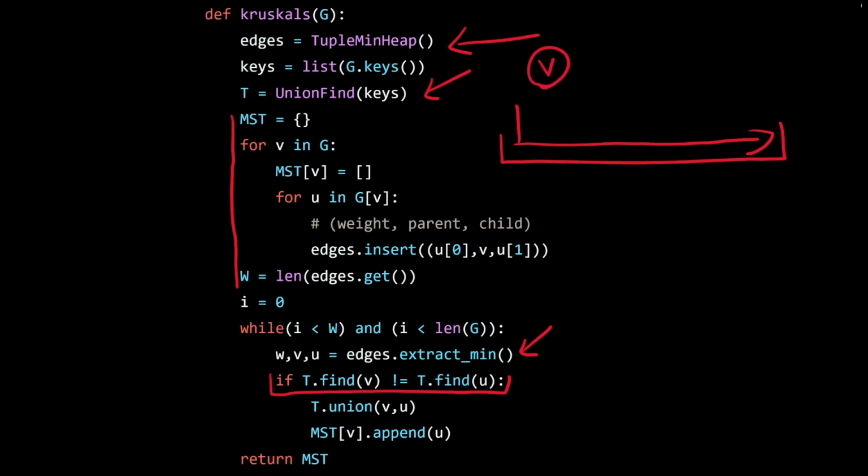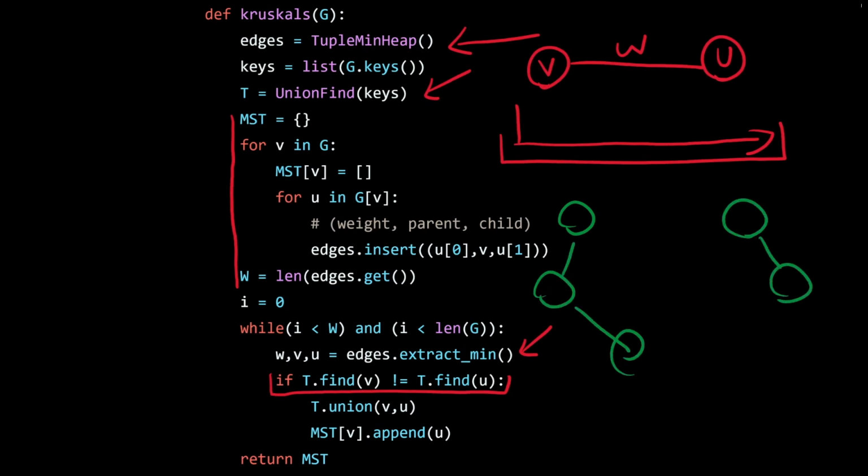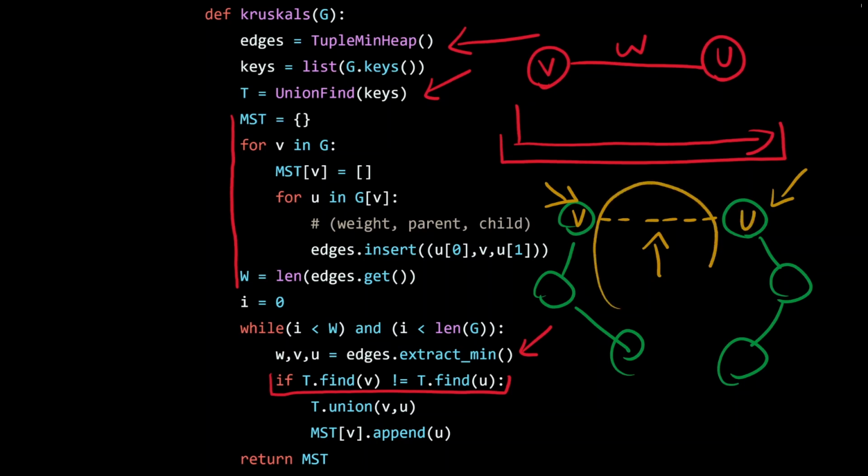We're looking at V, and between V is our weight, and we have U. When evaluating this new connection, you want to do a forest find on this node V and a find on this node U to make sure that they aren't a part of the same component, that they don't share the same leader.